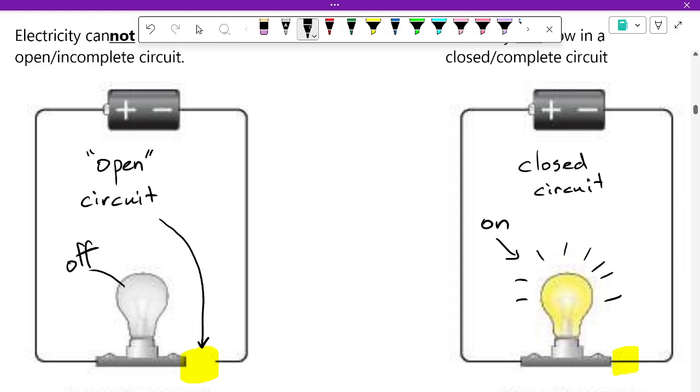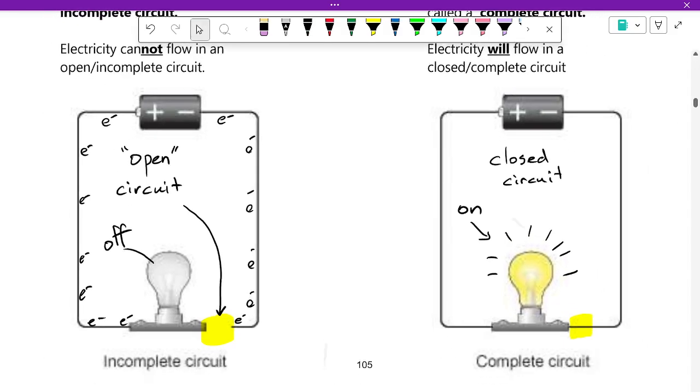You imagine if there's electrons all the way around here, right? There's electrons everywhere. I don't want to draw them all because that's tiring. So I'm leaving lots of gaps in between them. But there would really be electron beside electron beside electron beside electron. If I have a little gap, can they jump the gap? No. So that's why it doesn't light up.